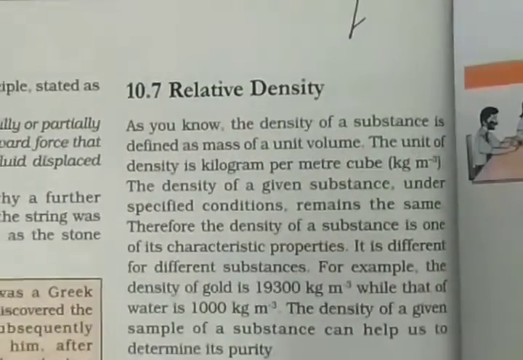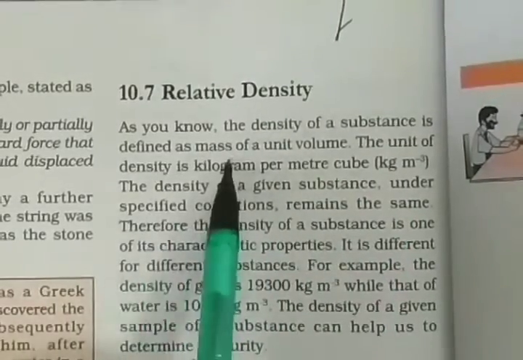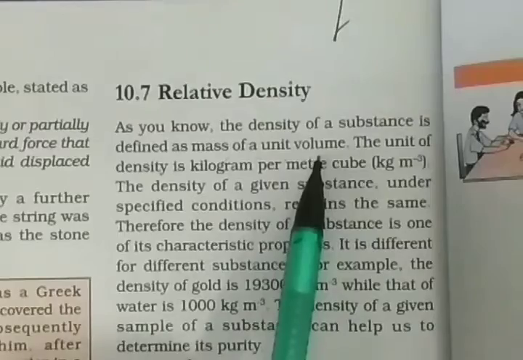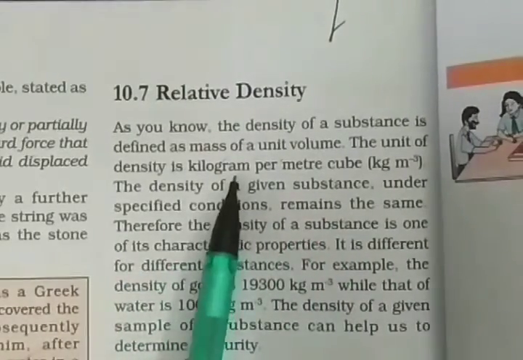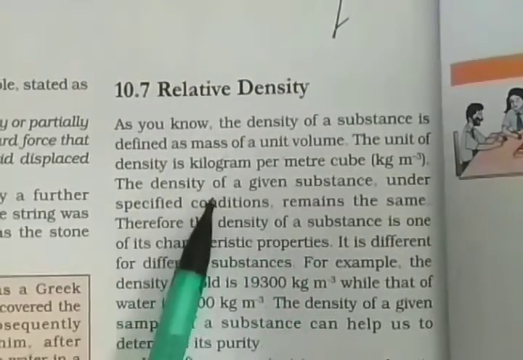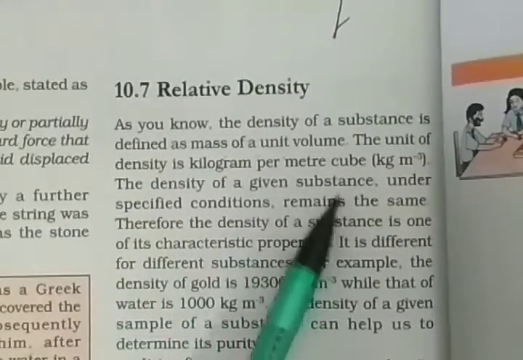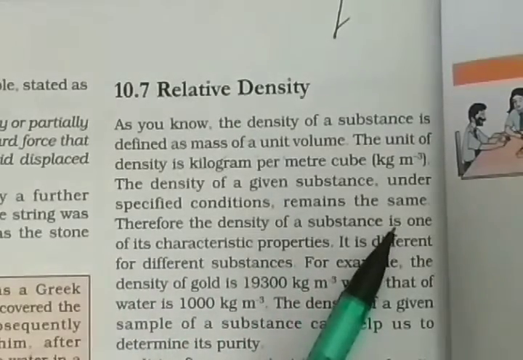Now let's learn about relative density. The density of a substance is defined as the mass of a unit volume. The unit of density is kilogram per meter cube. The density of a given substance under specified conditions remains the same.